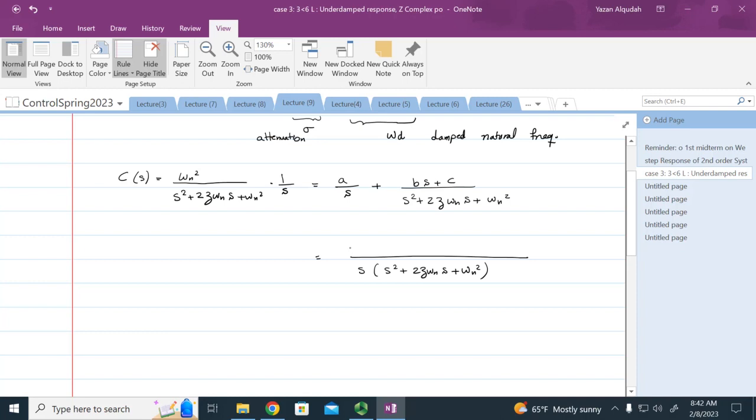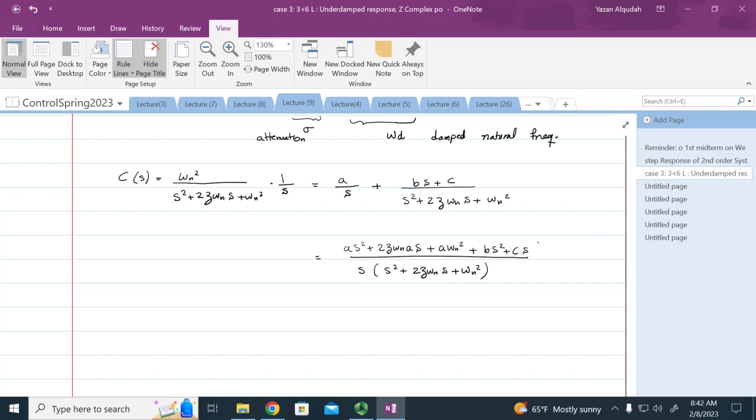The numerator is going to equal a multiplied by s squared plus 2 zeta omega n multiplied by a multiplied by s plus a multiplied by omega n squared plus b multiplied by s squared plus c multiplied by s. Agree? If we add these two expressions together, a is going to multiply by this, and this is going to multiply by s.